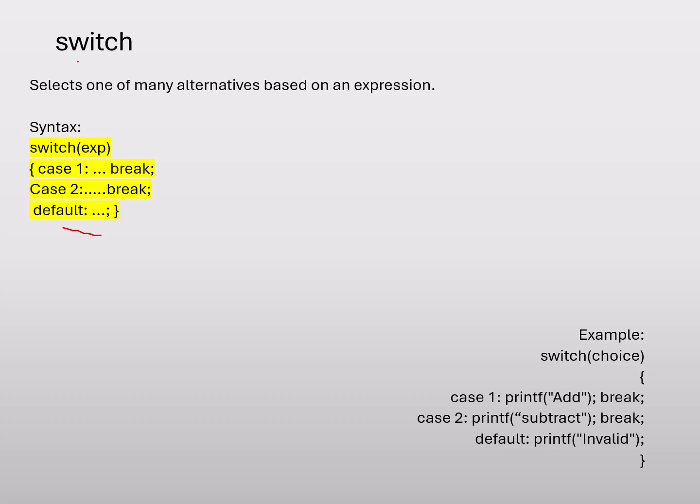The default statement is optional. Example: the switch checks the condition. If the case is 1, add will be printed. If the case is 2, subtract will be printed. Otherwise the default section will be printed.